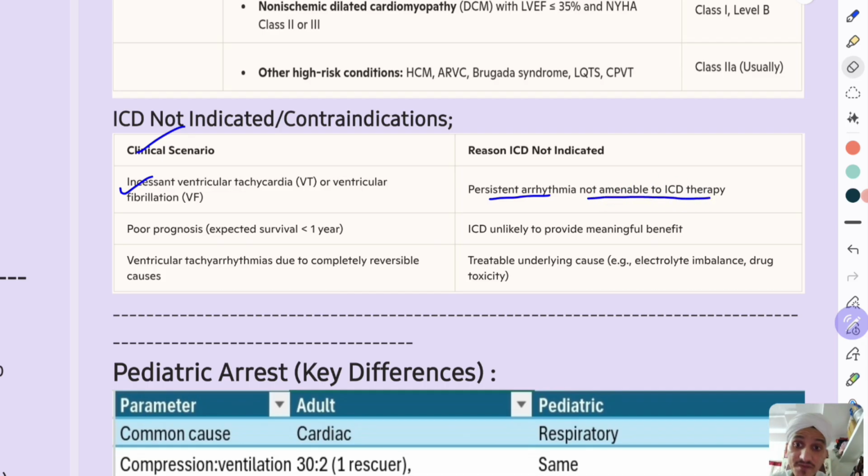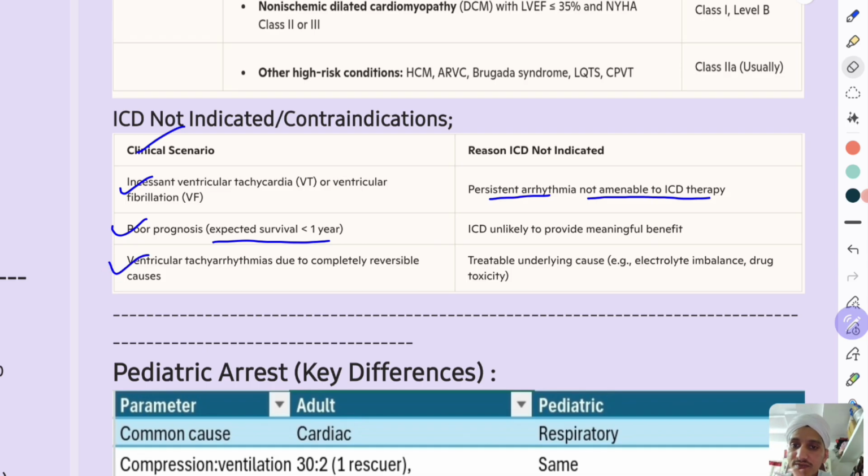Poor prognosis, expected survival of the patient less than 1 year. This is very important. If the expected survival is less than 1 year, ICD is not indicated because there is no meaningful benefit.